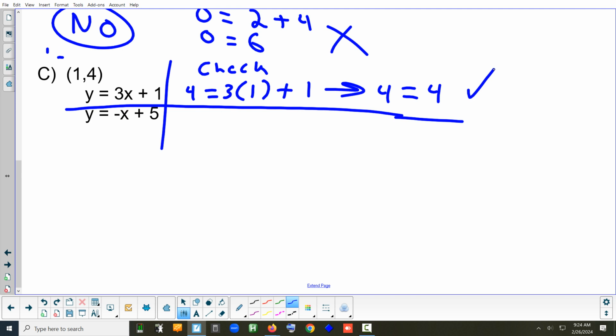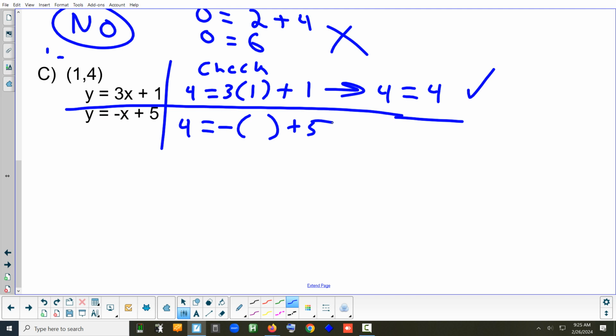In the bottom, what are we filling in for y? 4. Same thing we did in the top. Equals, you've got the minus, leave room for what you're going to plug in for x, and then put plus 5. And what are we filling in for x in the bottom? 1.